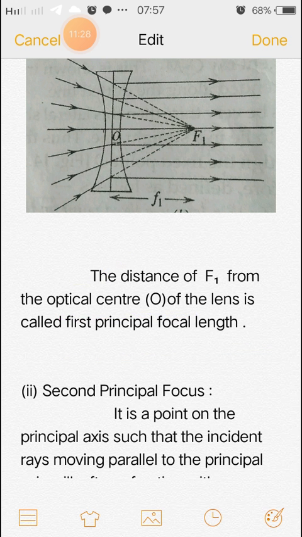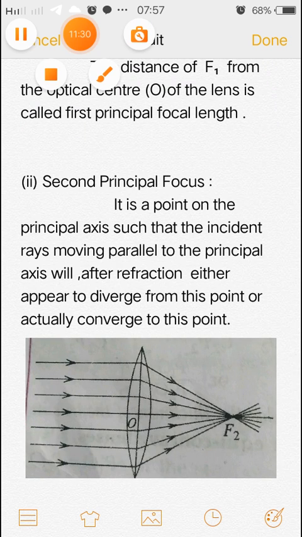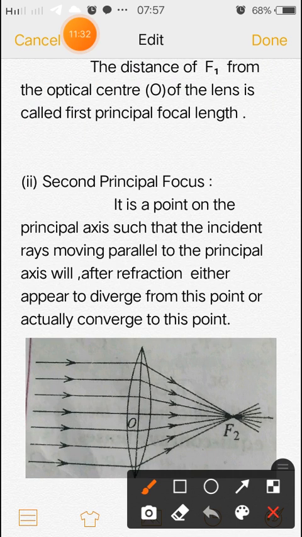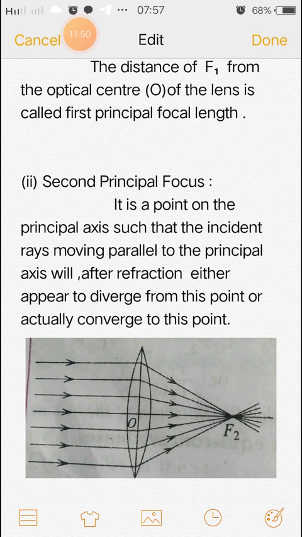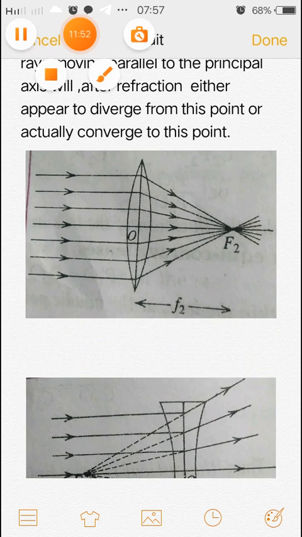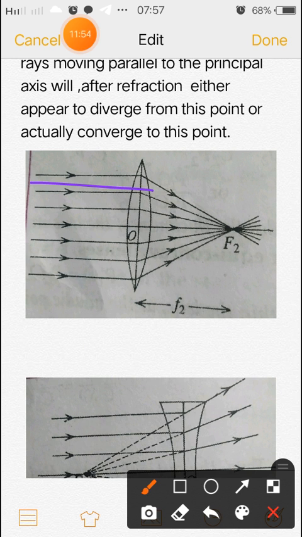And what is the second principal focal length? It is the point on the principal axis such that the incident ray moving parallel to the principal axis, after refraction, either appears to diverge from this point or actually converges to this point. As you see, this is the parallel ray, and after refraction it meets at a point.